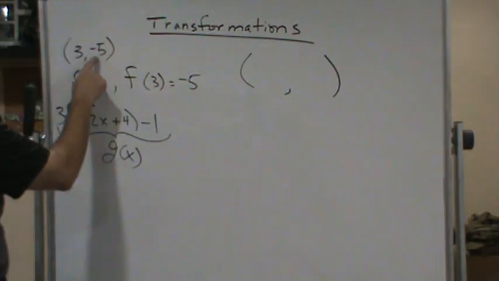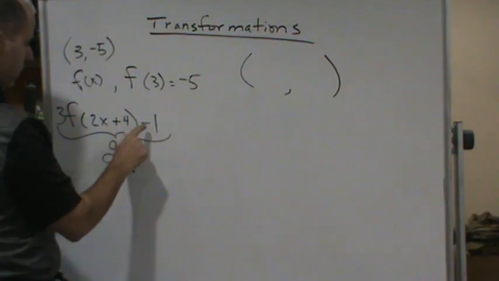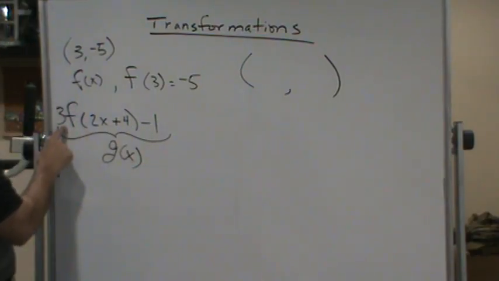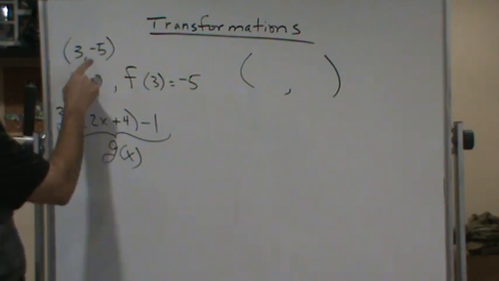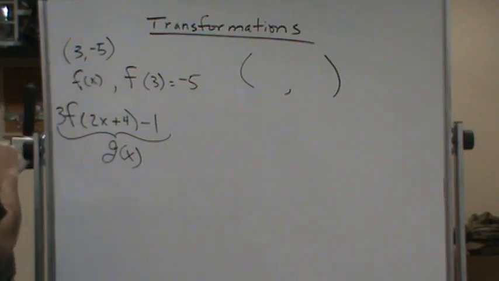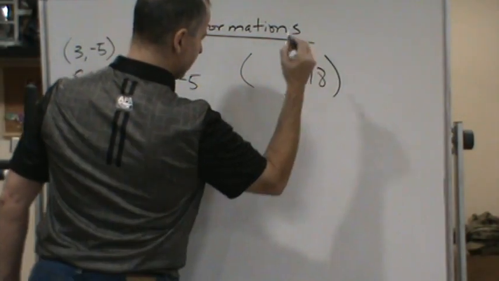We're subtracting 1 from all the y values and multiplying all the y values by 3. So we subtract 1, which gives us -6, and then we multiply by 3, which gives us -18. So that's the easy one.